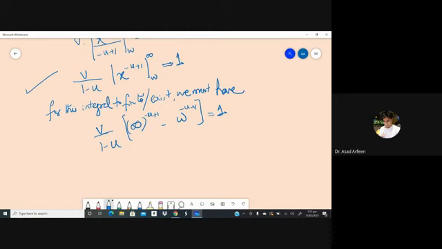You can see how to kill this infinity. Yes, please. How to kill this infinity? So if we take this infinity part at the right side and under the heading of, I mean, 1 upon something, so it's 0.